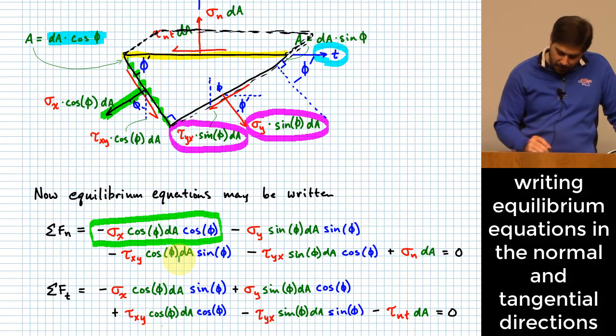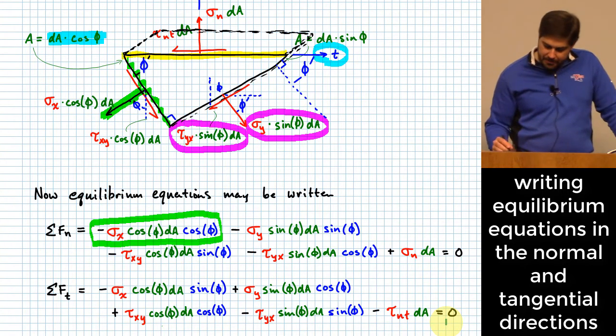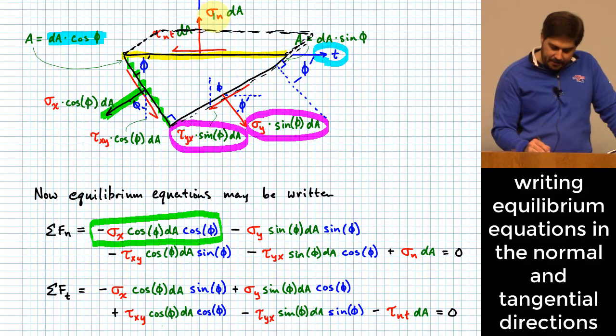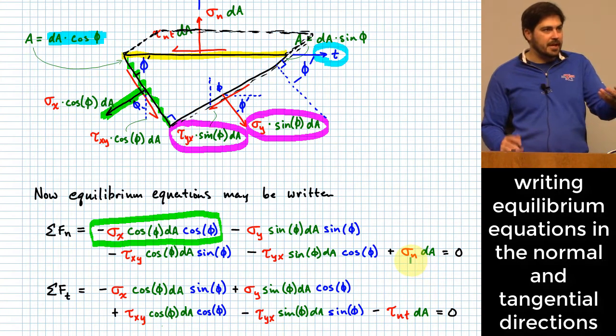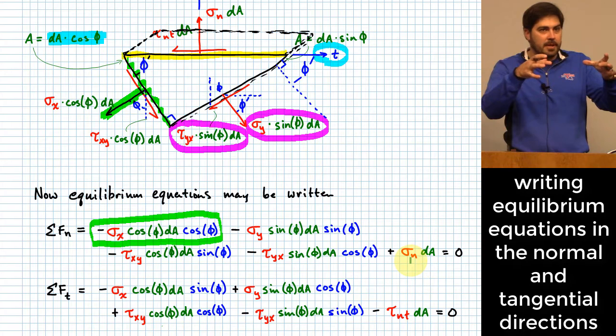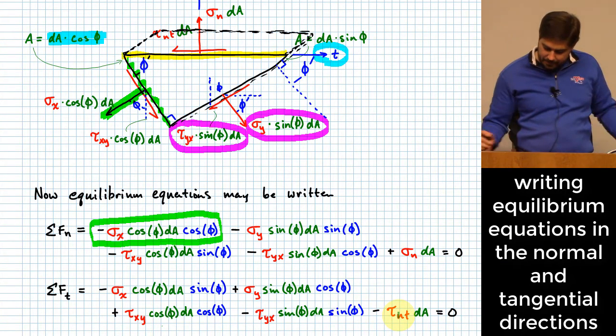And then I do that also for the tangential direction. About the only other thing I should mention is, what about the sigma n that I established at the beginning? That just gets multiplied by dA because that was the area I had originally set up as being the area of that top piece. And the same with tau sub nt.